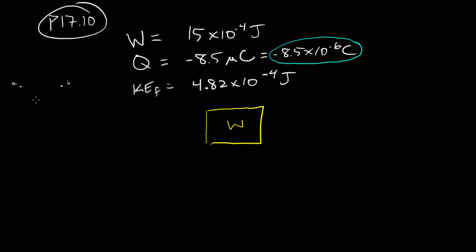So because we're missing some of this work, it's not going as fast as we would expect, there has to have been some increase in potential energy. And to do that for a negative charge, you have to push it closer and closer to a negative charge, a lower voltage. So this must be the potential at A. This must be the potential at B.